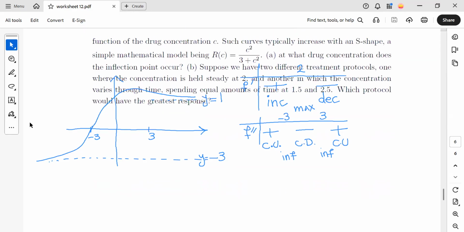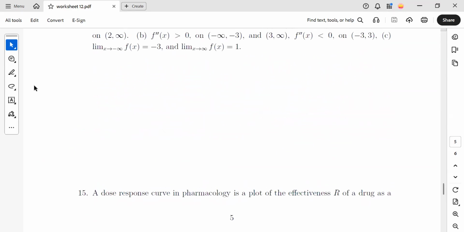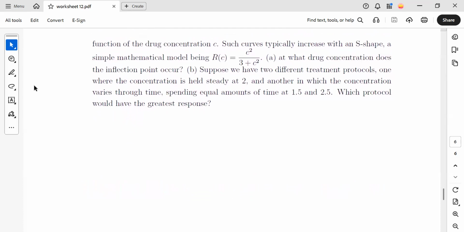And the last one, number 15. Okay, let's say this one if you want to read. We're going to find the derivative of R of C, R prime of C, which uses the quotient rule.